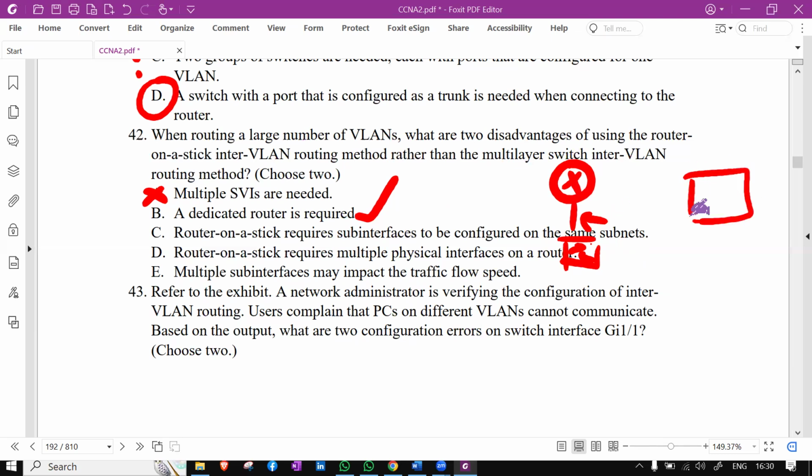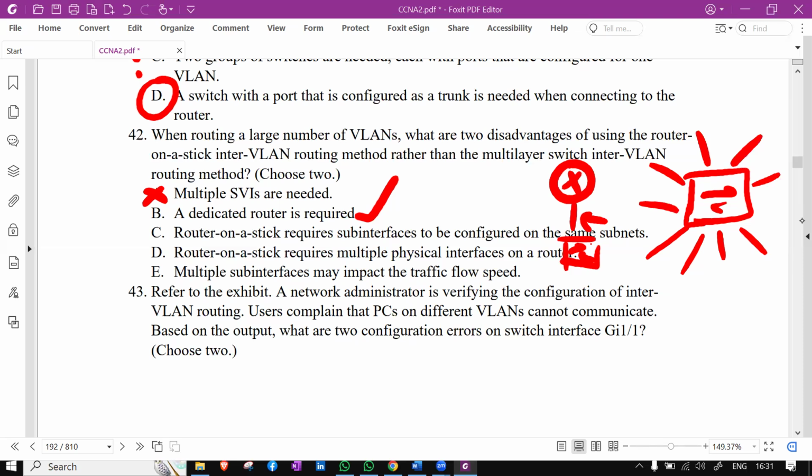But with the layer 3 switch, since it wants to create multiple switch virtual interfaces, it means my ports are considered functional for other things. So my links are not only dedicated for inter-VLAN routing. Is it making sense? Yes, sir. Voila.